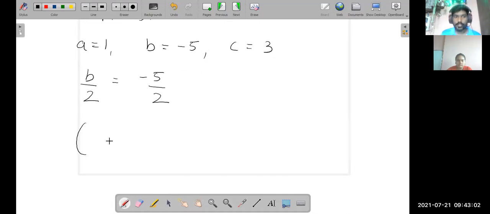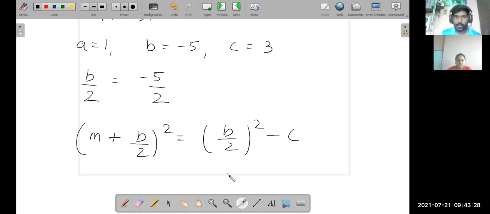And then when you're doing the substitution in the formula, you do x plus, or since we have m here, I'll write m plus B upon 2 whole square is equal to B upon 2 whole square minus C.